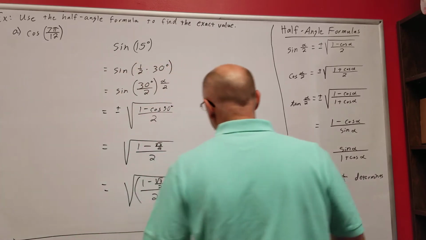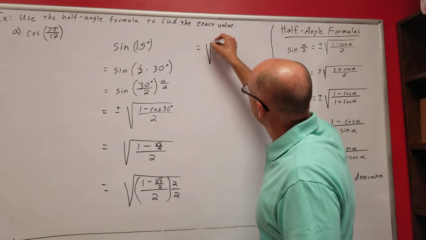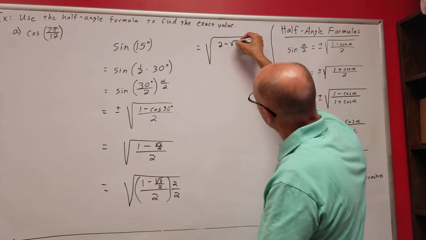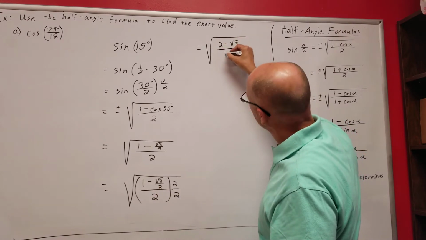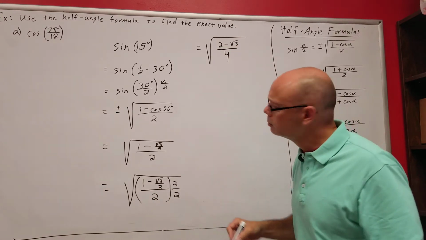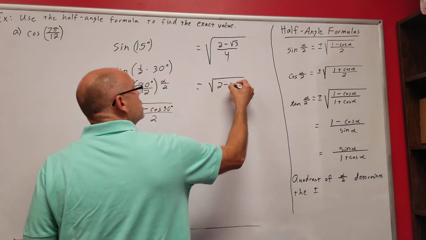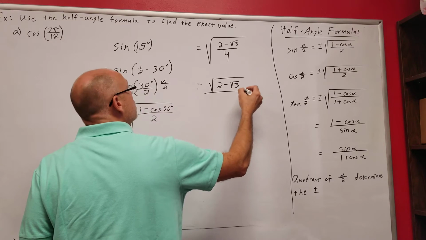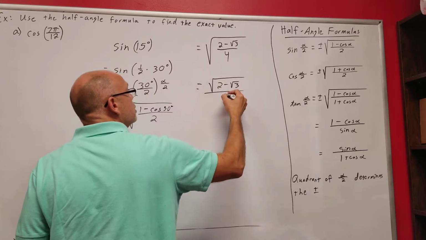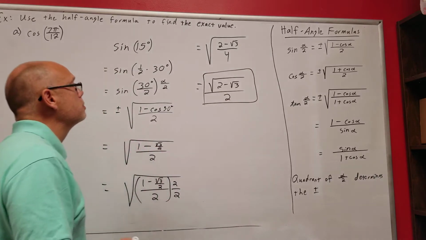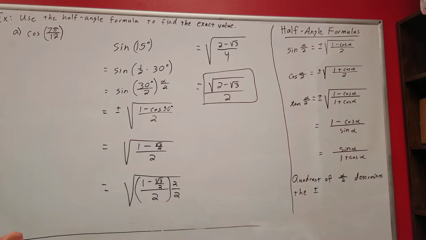And what does that give me? That gives me the square root of 2 minus square root of 3 all over 4. So that gives us the square root of 2 minus square root of 3 over, what's the square root of 4? Just 2. There we go. There's my exact value of the sine of 15 degrees.